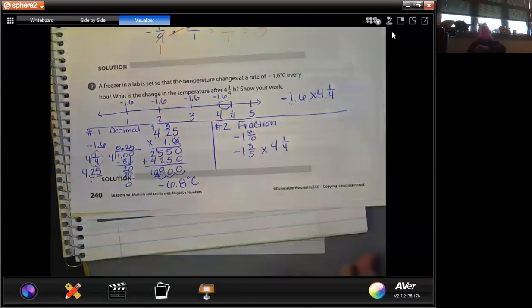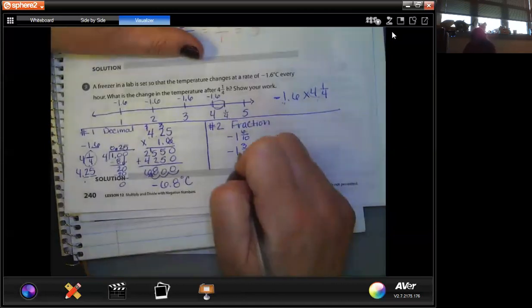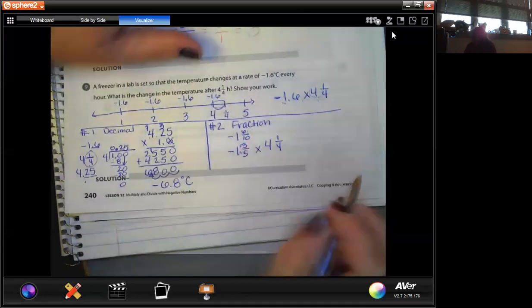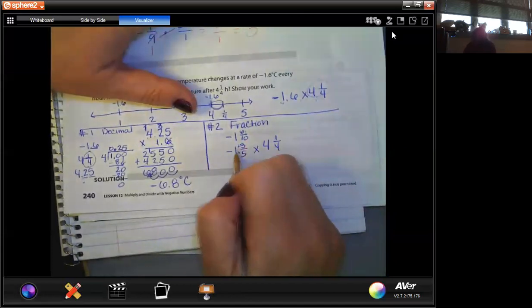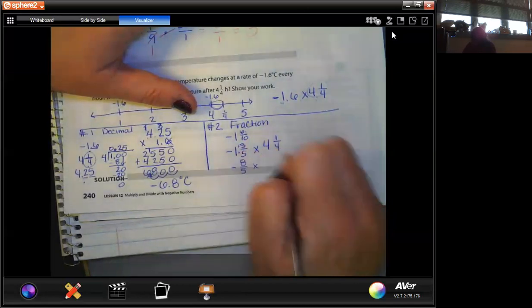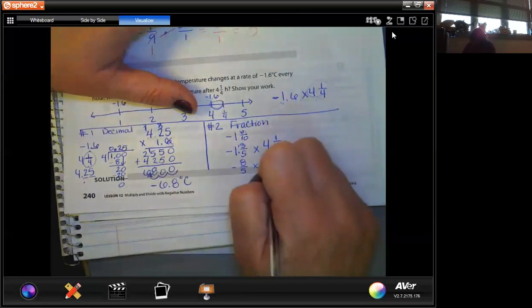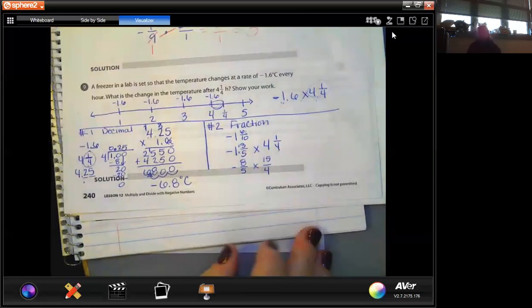If you guys remember, to multiply fractions, I am going to multiply then add. So 5 times 1 is 5 plus 3 is 8/5. This one, 4 times 4 is 16 plus 1 is 15/4. So that's what it looks like.